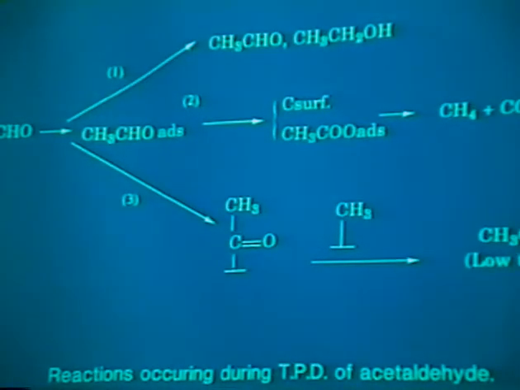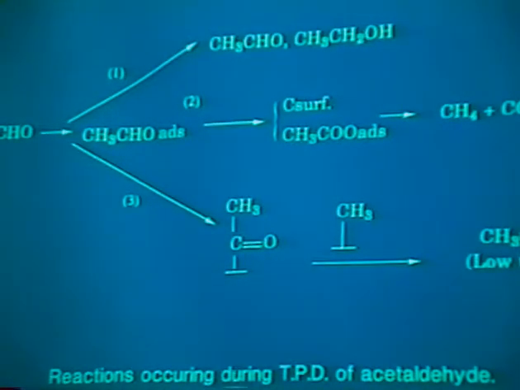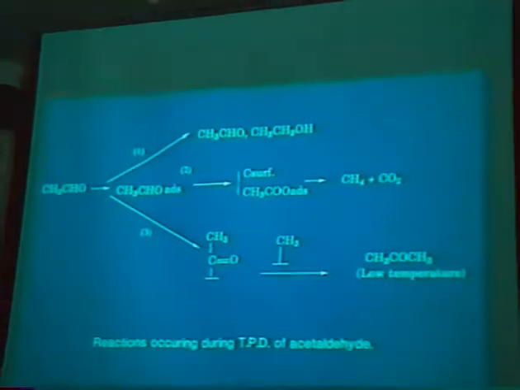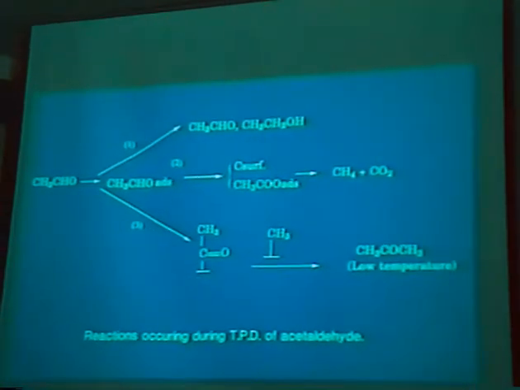Okay, so let me summarize and classify the products we find during the temperature programmed desorption of acetaldehyde on various cobalt-based catalysts. Pathway 1: adsorption of acetaldehyde, simple desorption, and hydrogenation. Pathway 2, which goes either through surface carbon or through hydrogenolysis of the C-C bond or oxidation to acetate species.